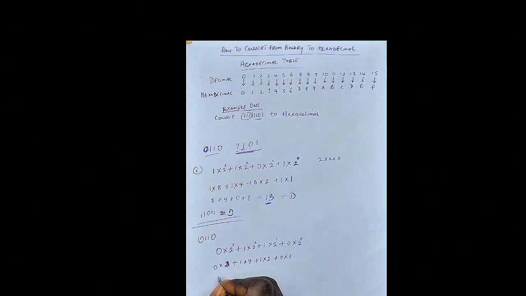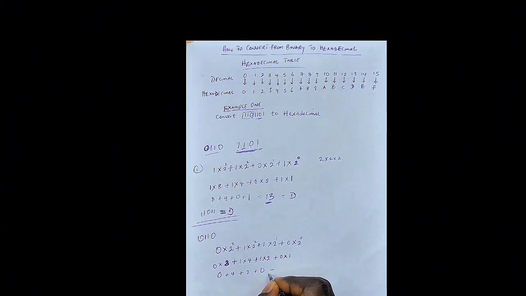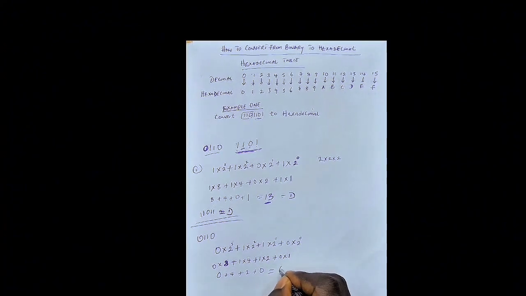So 0 times 8 is 0, plus 1 times 4 is 4, plus 1 times 2 is 2, plus 0 times 1 is 0. If you add all of them together, it will give you 6.